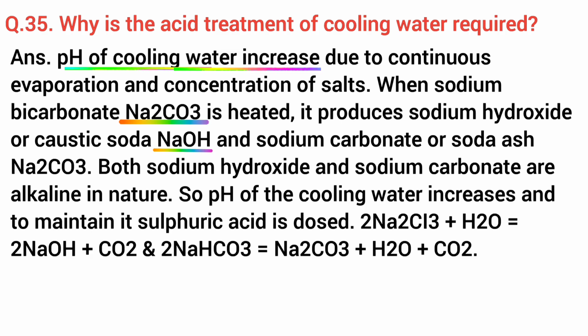Both sodium hydroxide and sodium carbonate are alkaline in nature. So the pH of the cooling water increases, and to maintain it, sulfuric acid is dosed. Na2CO3 + H2O = 2NaOH + CO2, and 2NaHCO3 = Na2CO3 + H2O + CO2.